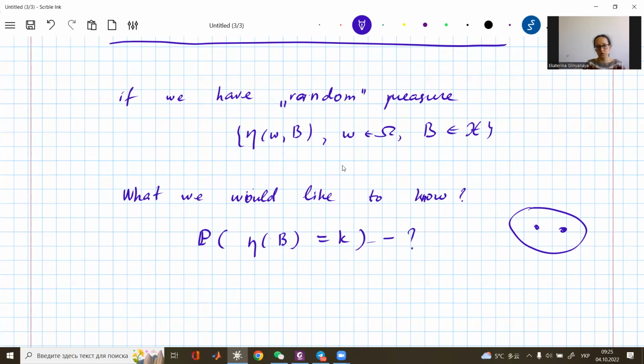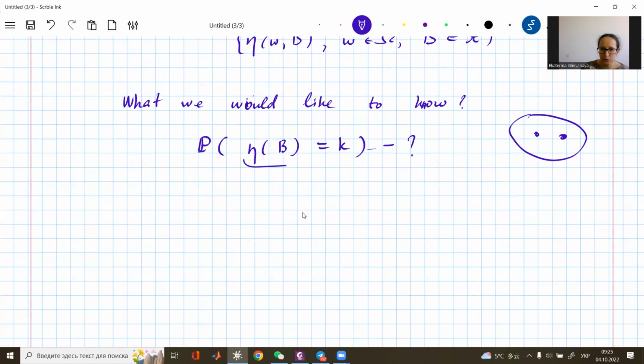So we want to know such kinds of values. From this, we understand that this event should belong to the sigma algebra on our initial probability space. So we should assume that our random measure has this property.